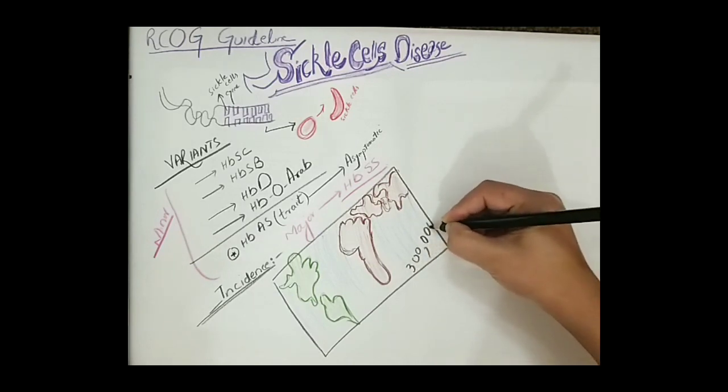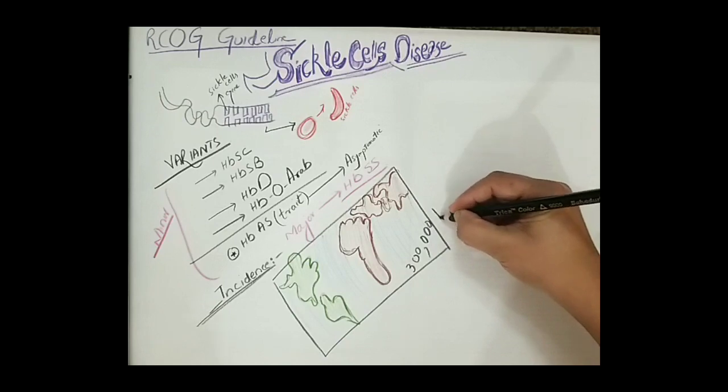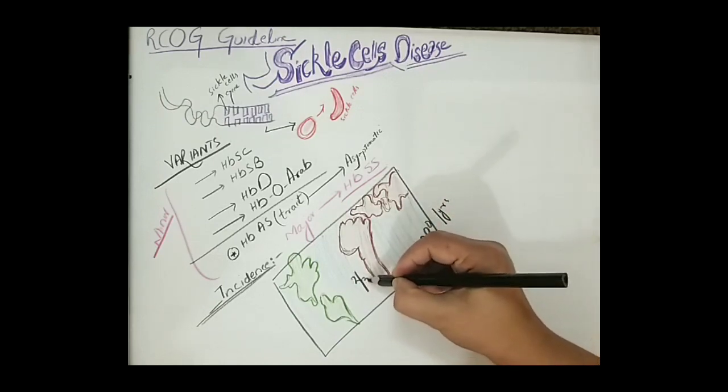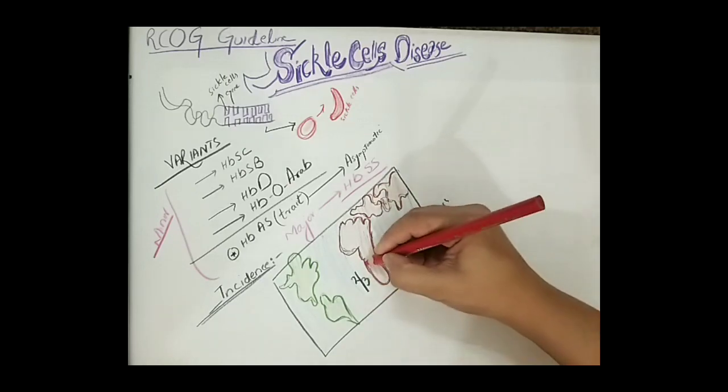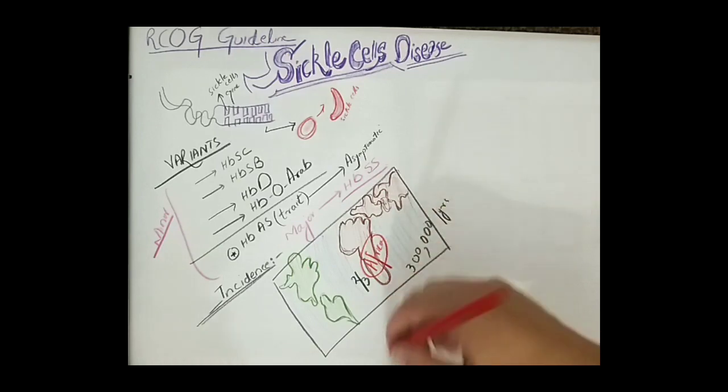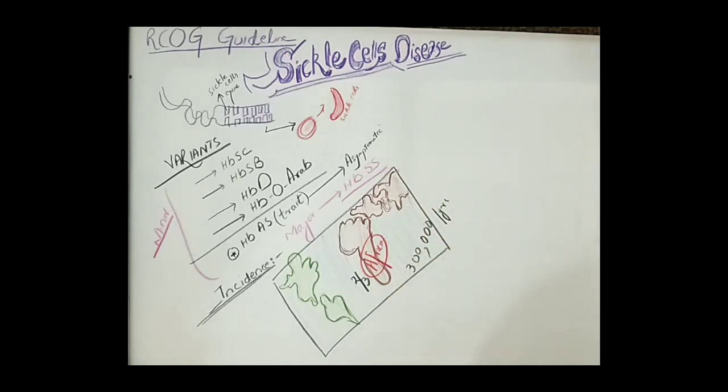Okay, and it is said that there are 3 lakh children with sickle cell disease each year, and two thirds of the babies with sickle cell disease are born in Africa. So two thirds Africa, you should remember this.